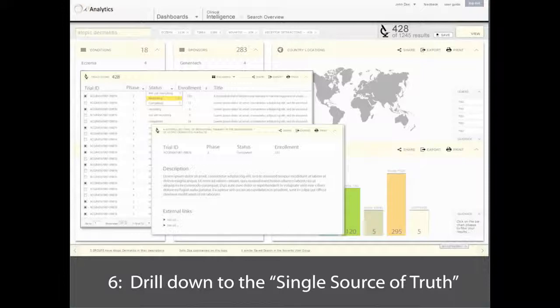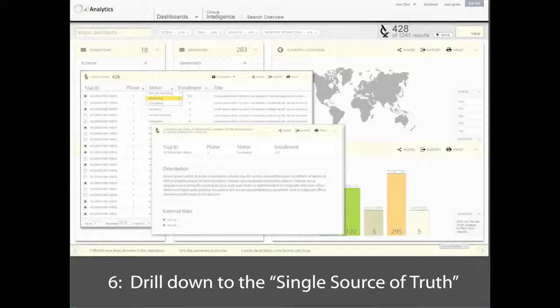The largest view that you see with the map is used for helping people to select an area or select a particular phase as an example, and get details about the drug trials in that area. Now, if you select the phase 4 trials of 295, the expectation is that you go to a list of 295 and you drill down to some detail about that. And the detail is what's the single source of truth and also what the user can see at that point in time.